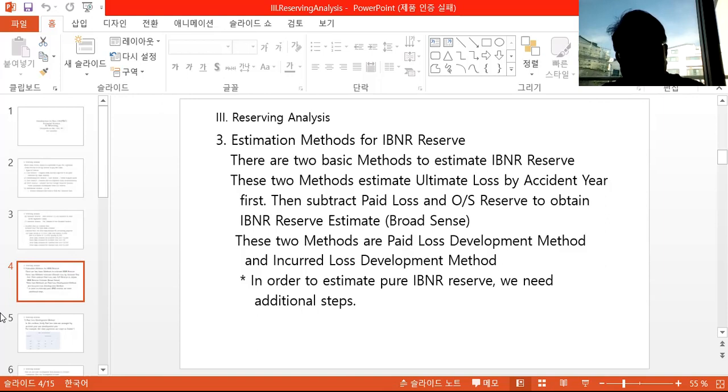These two methods are called the paid loss development method and the incurred loss development method. In order to estimate the pure IBNR reserve, we need additional steps we are not going to discuss here because it's a little complicated. Down the road, if I have other opportunities to give lectures, then I may discuss this.